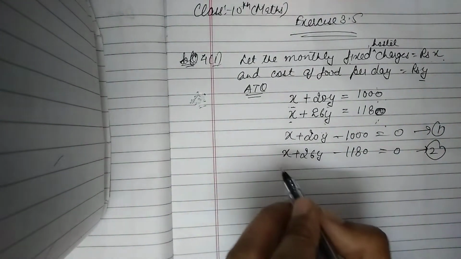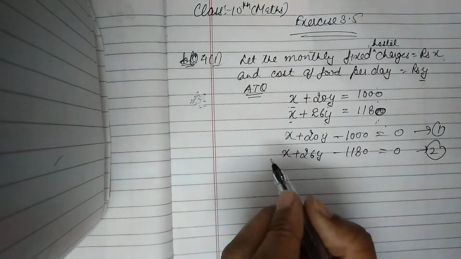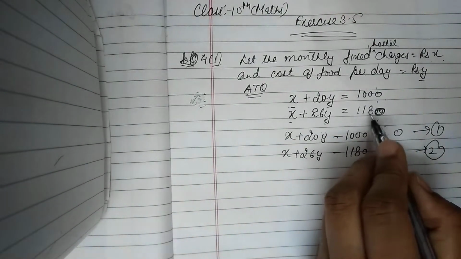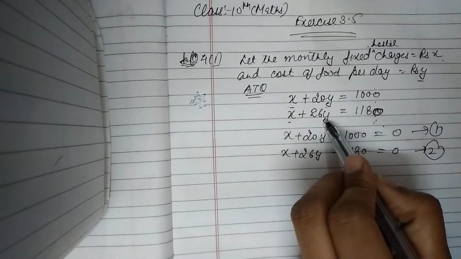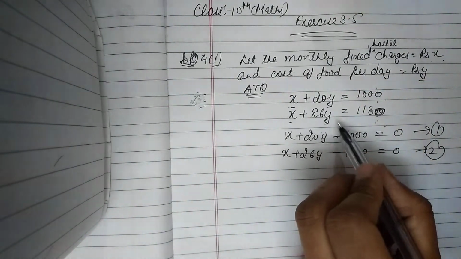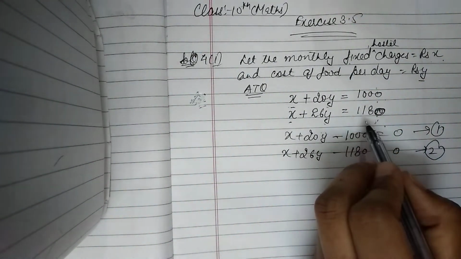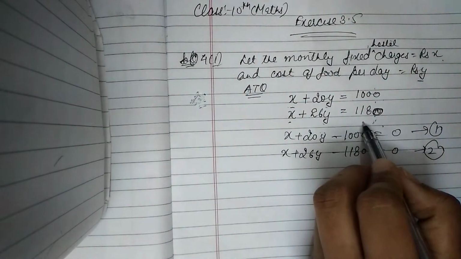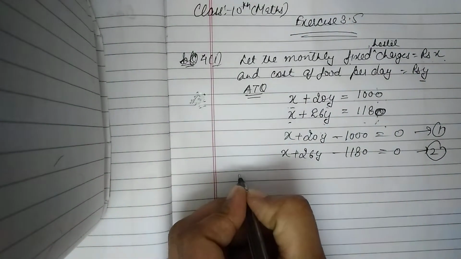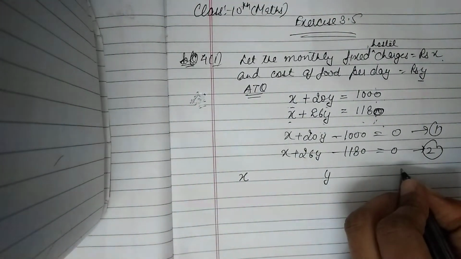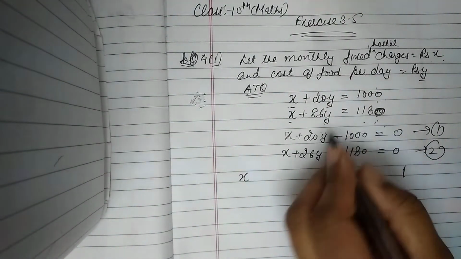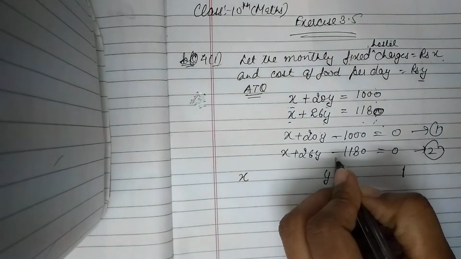Please remember that if you forget to change the constant term to the left side, you can also solve with these terms, and write here x, y, and then write only -1. Now I am writing 1 because I am shifting all terms to the left side.